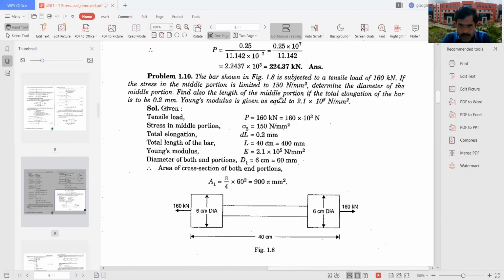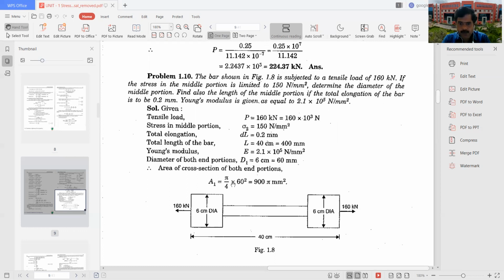Find also the length of the middle portion if the total elongation of the bar is 0.2 mm. So the length of the middle portion, L2, they are asking, and diameter D they are asking. This is a circular bar, and Young's modulus is given as 2.1 into 10 power 5 Newton per mm square.